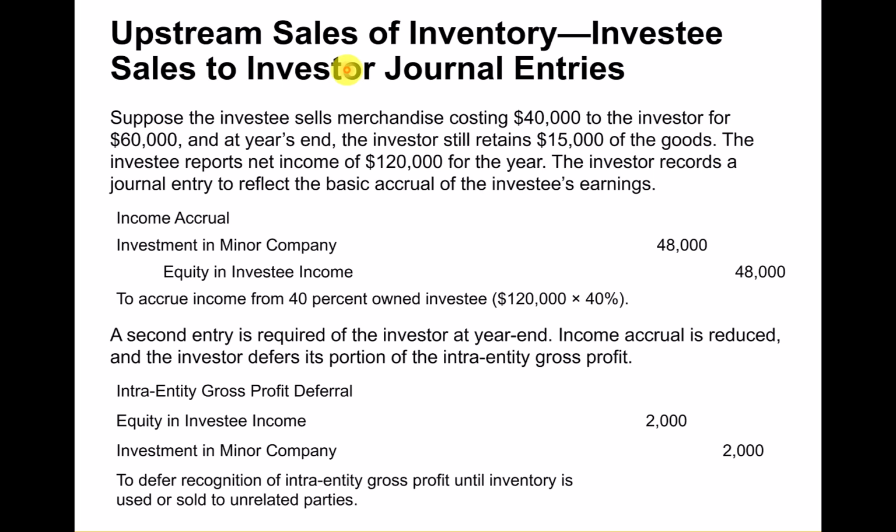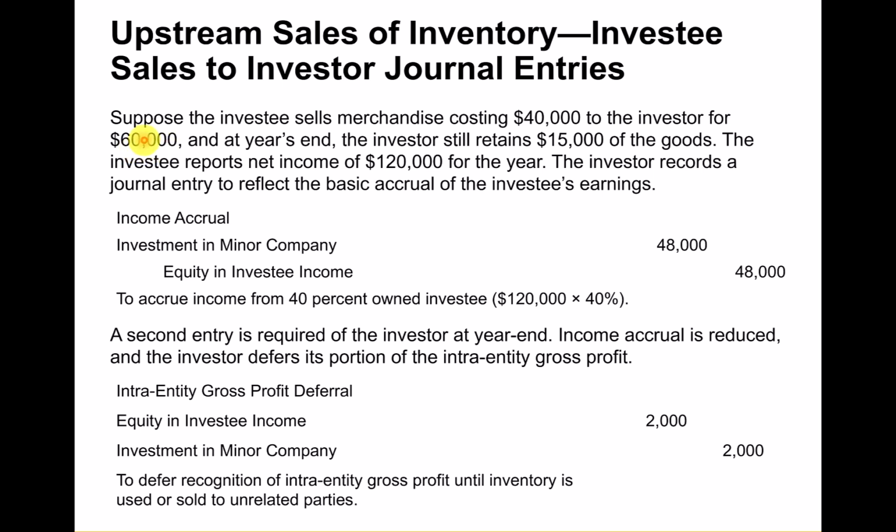Upstream. So we have the same situation, an investor owning 40% of the investee, and the investee is selling, costing the investee $40,000, selling it to the investor for $60,000. So the profit we made is $20,000.